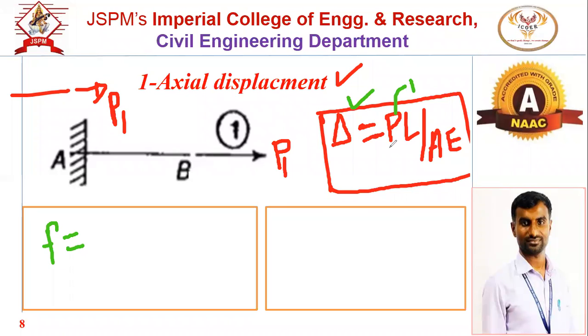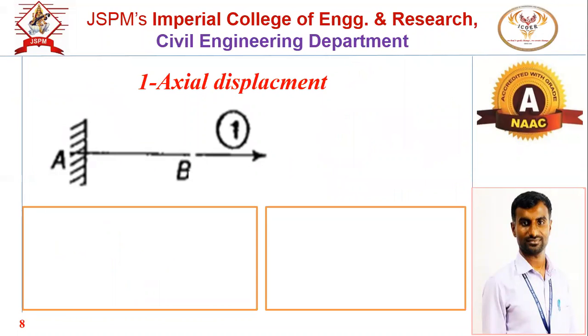What is flexibility? Displacement caused by the unit force. Means we have to write down the formula of displacement and replace force by 1 kilonewton. So P will be 1. So flexibility will be L divided by AE. Flexibility will be L by AE. So that is the axial flexibility here.